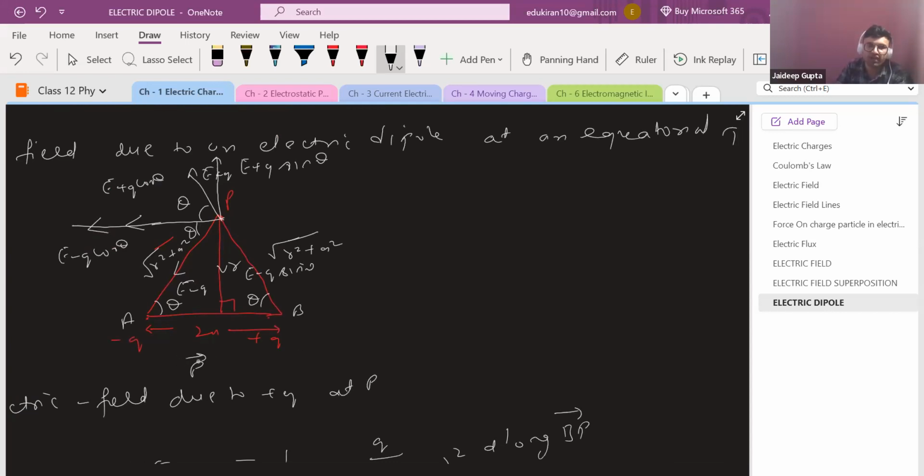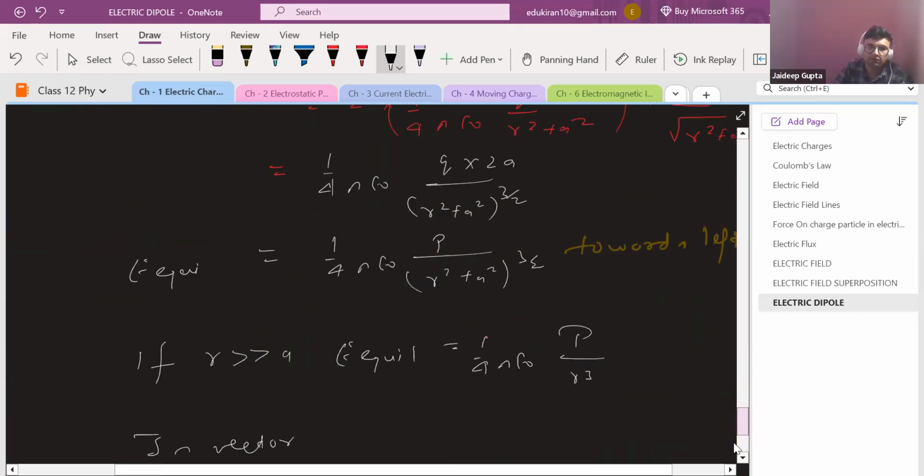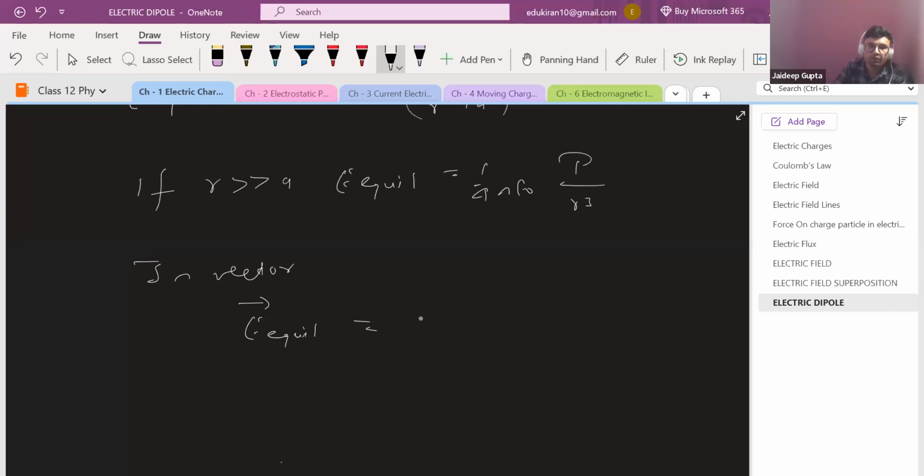So the direction of electric field is towards left and the dipole moment is towards right, hence they are anti-parallel. So in vector form, we can write E equatorial is minus 1 over 4 epsilon P vector over R cube.